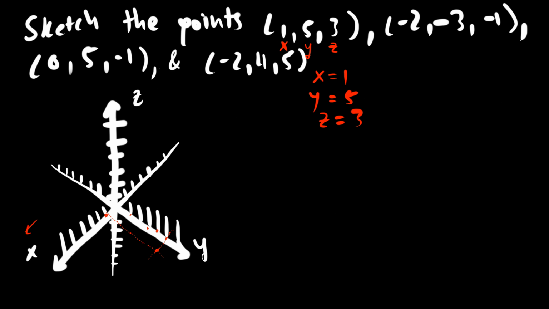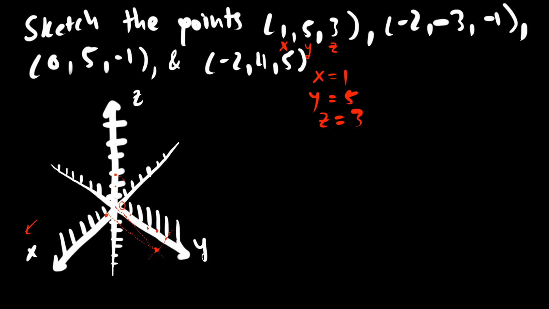And then finally, our last component, which would be the z component, we're asked to go 3 units in the positive z direction. So 1, 2, 3. Then we would draw another dotted line from the origin, which would be right here, striking this point of intersection right here. And then finally, with the 3 units in the positive z direction, we draw another dotted line parallel to the one we just drew.